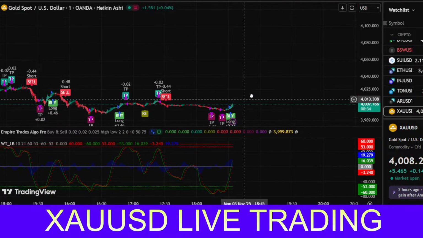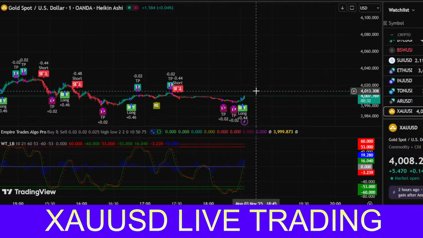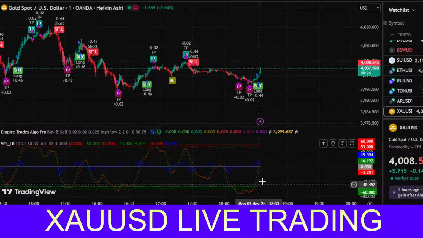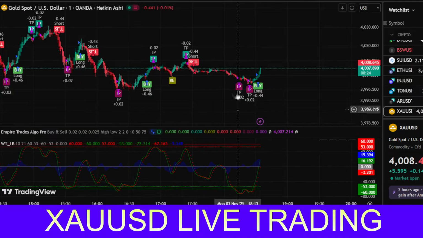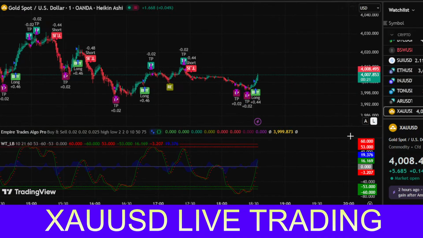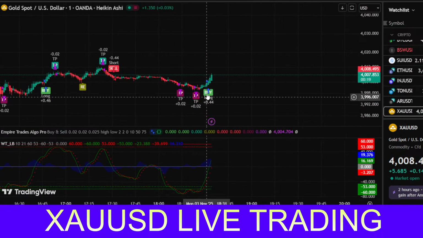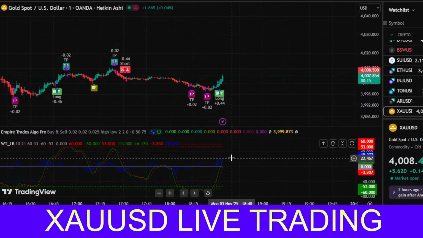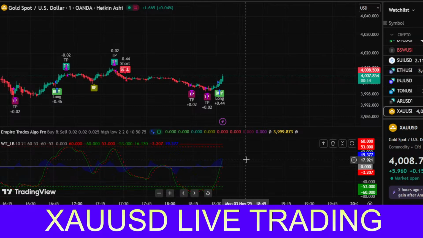It is typically used to identify overbought or oversold conditions in the market, with readings above 70 indicating overbought conditions and readings below 30 indicating oversold conditions. The RSI is particularly useful for gold trading due to its ability to highlight potential reversal points.